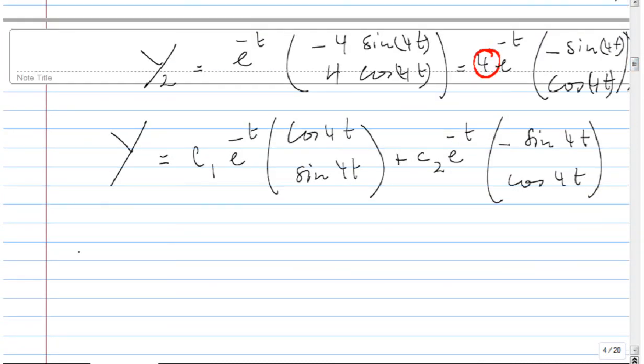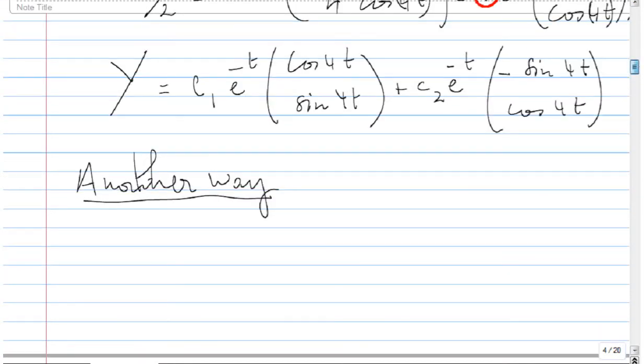Another way, if we don't know the formula for y1 and y2, then what we do, we start with lambda complex, which is minus 1 plus 4i, and then we look for the eigenvector x1, y1, which is a solution to the system.